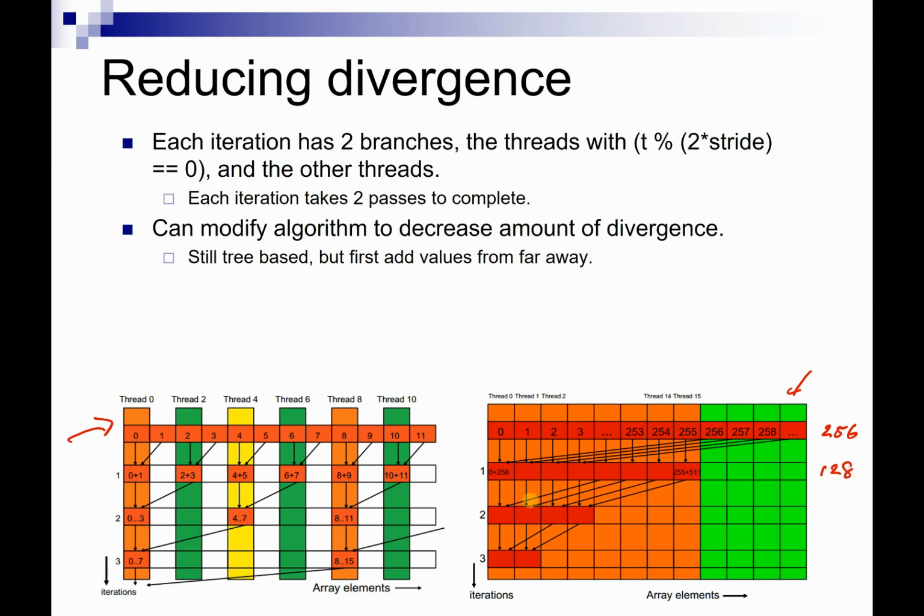That reduces these 256 numbers down to 128 numbers. Then next, you pair guys which are distance 64 away. So here you see that the stride is reducing by a factor of 2 each time, as opposed to the previous one where they were increasing by a factor of 2.